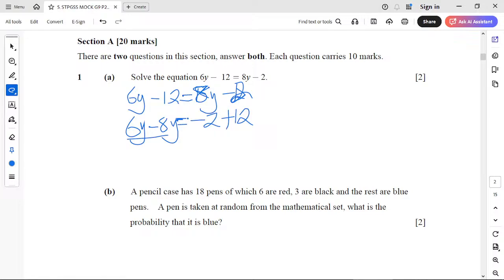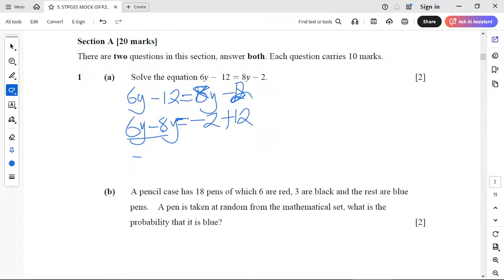Negative 8y means there are 8 negative y's and there are 6 positive y's. Since negatives are many, we put the sign which is a negative.